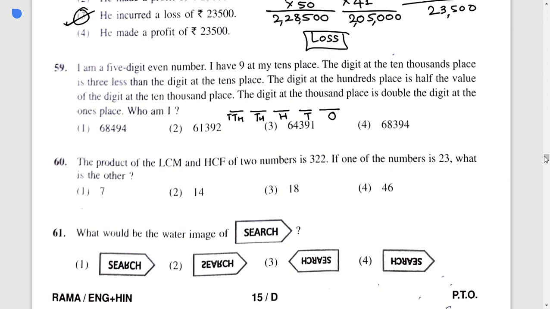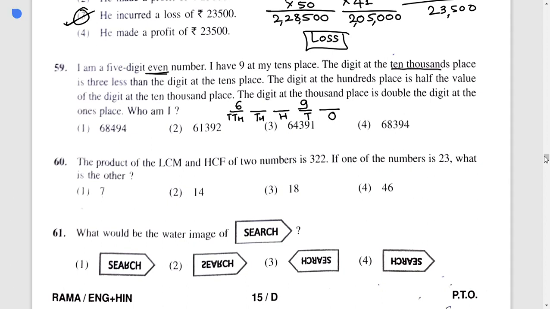I have 9 at my tens place, and I am an even number. The digit at the 10,000s place is 3 less than the tens place. Tens place is 9, and 3 less than 9 is 6. So here, 6 at the 10,000s place.